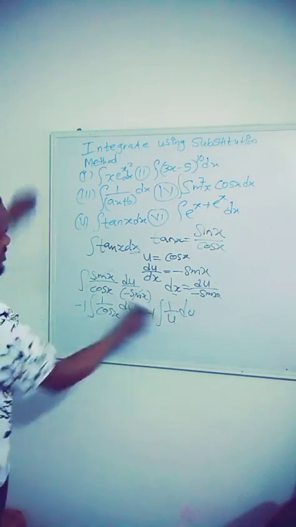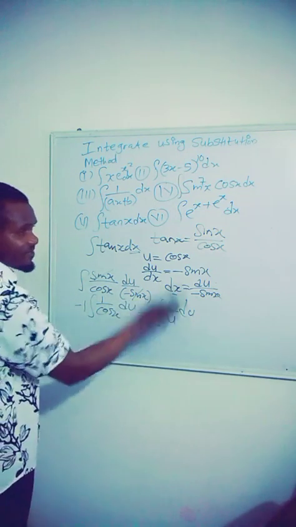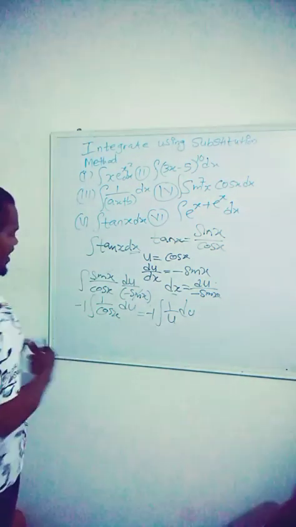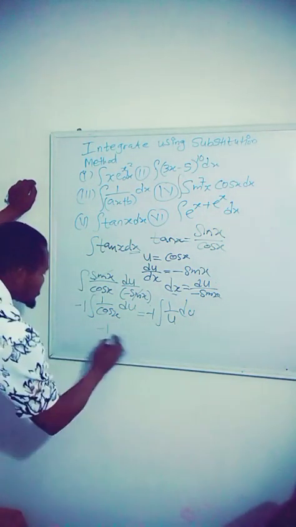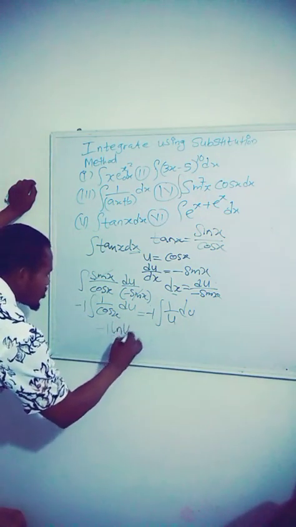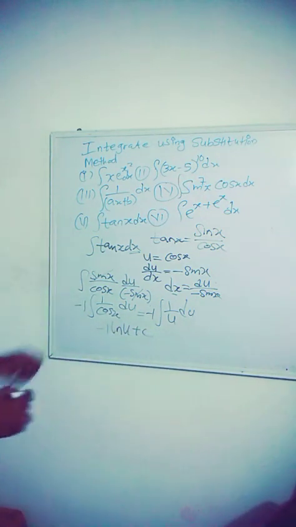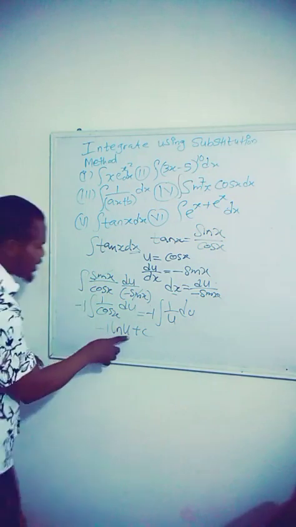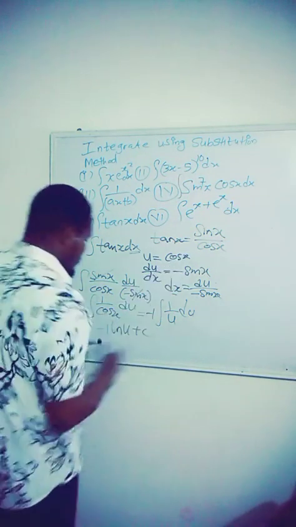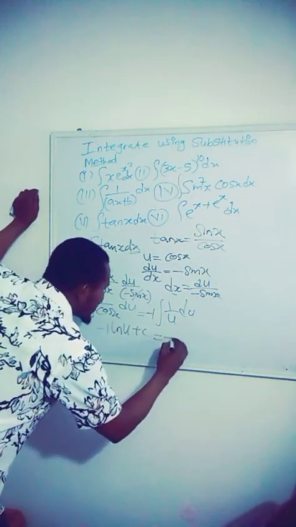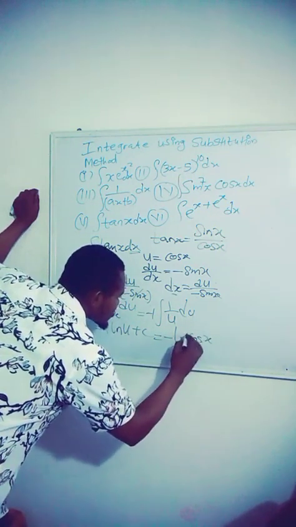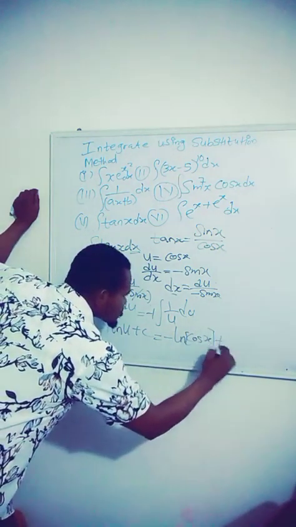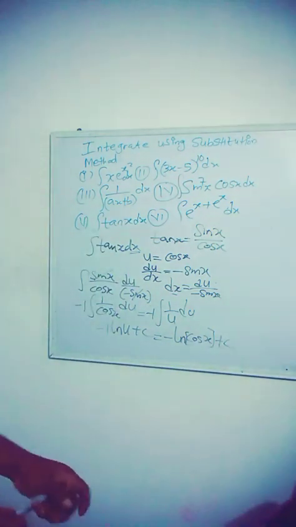When you integrate 1 over a variable, it is the ln of that variable. So it becomes minus ln u plus c, the constant of integration. Don't forget our u is cos x. So the final answer will be minus ln cos x plus c. I hope you get it now.